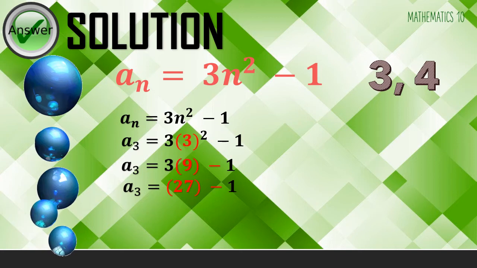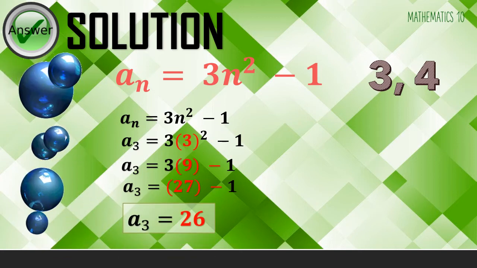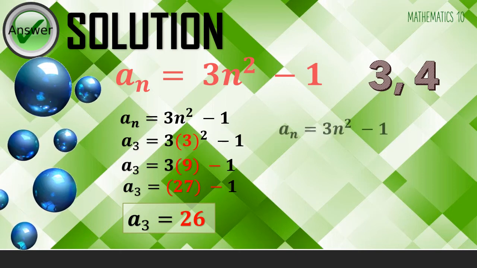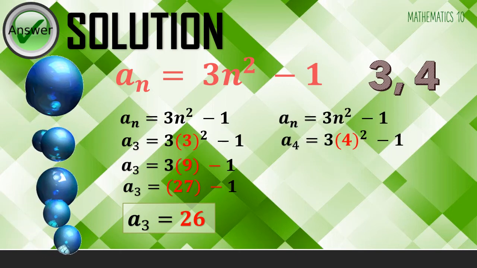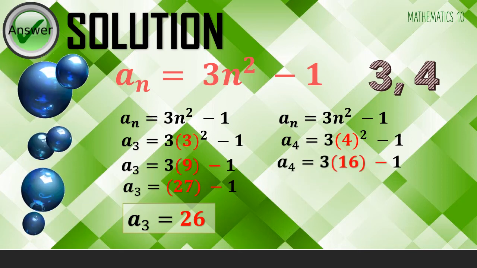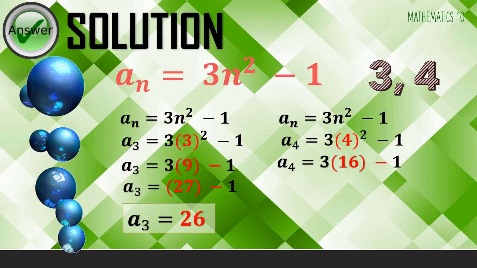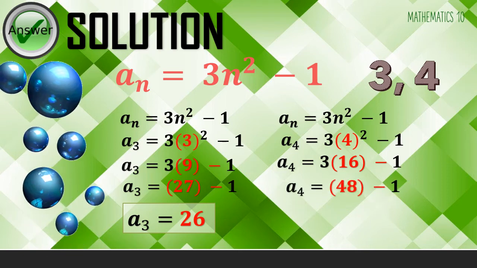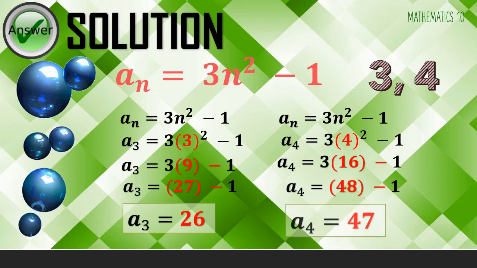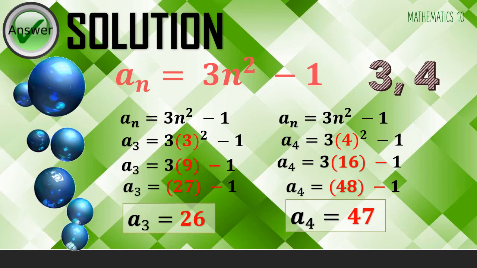So we'll have 27 minus 1, a sub 3 equals 26. Next, for 4, we replace all the n's in the given equation by 4. So we'll have 3 times 16 minus 1. So we'll have 48 minus 1. So a sub 4 equals 47.